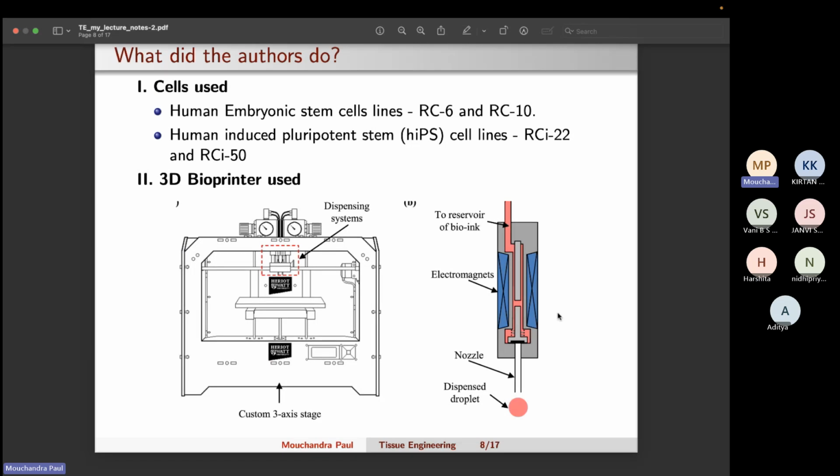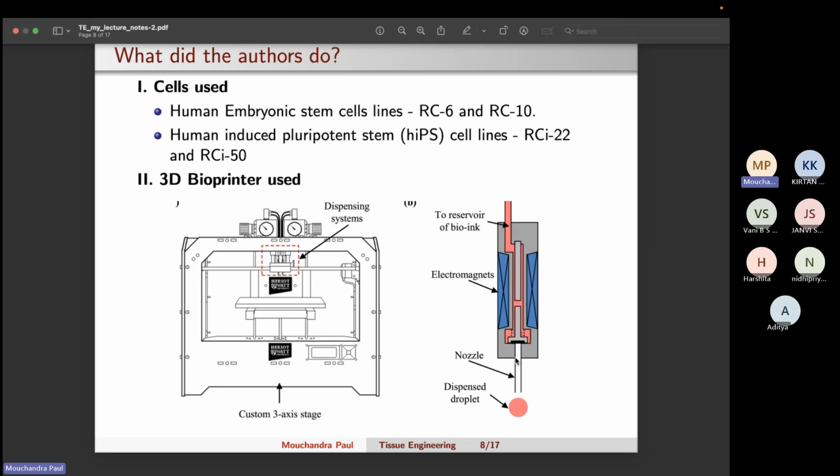So this printer looks something like this. This is the reservoir, one tube basically in which the bioink is there, and these are electromagnets. What the electromagnets will do is control the opening and closing of this nozzle.